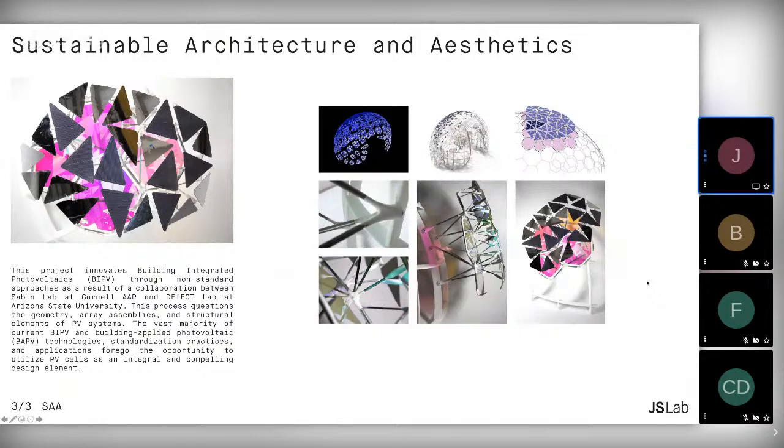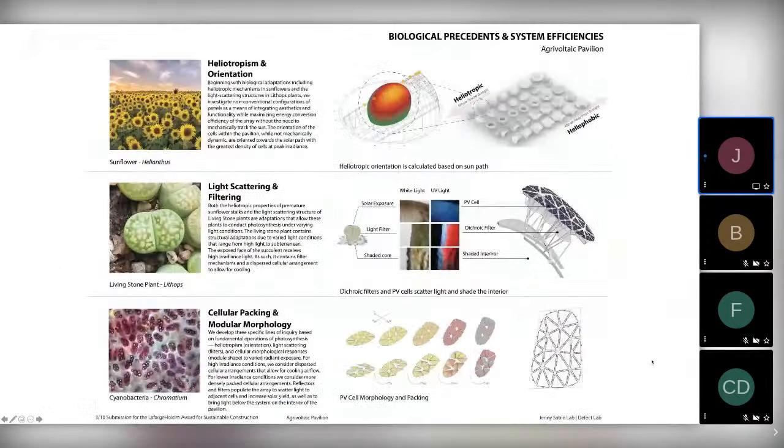We began by looking at biological adaptations, including the heliotropic mechanisms in sunflowers and the light scattering structures in lithops plants, as non-conventional configurations of panels for designing with light and energy directly, to maximize energy conversion efficiency.